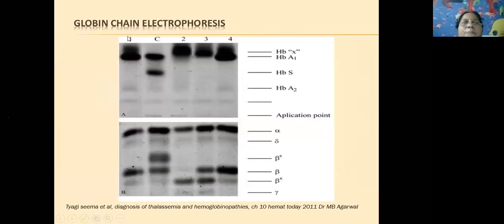And you can do globin chain electrophoresis also. That is more sensitive, and in that also you can see A2, A delta, whichever chain is present, everything will be shown in this.